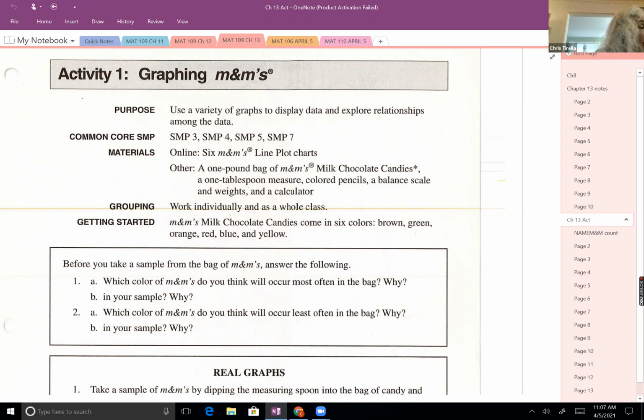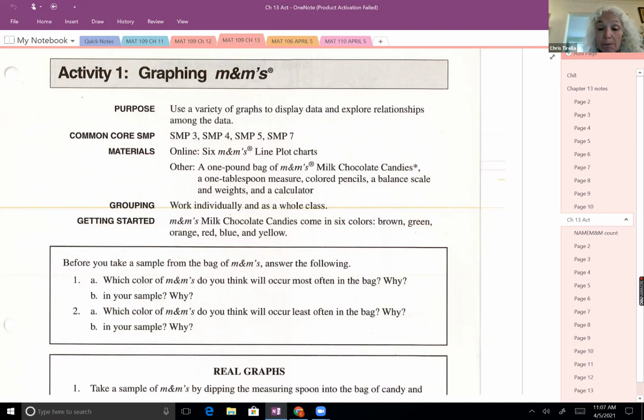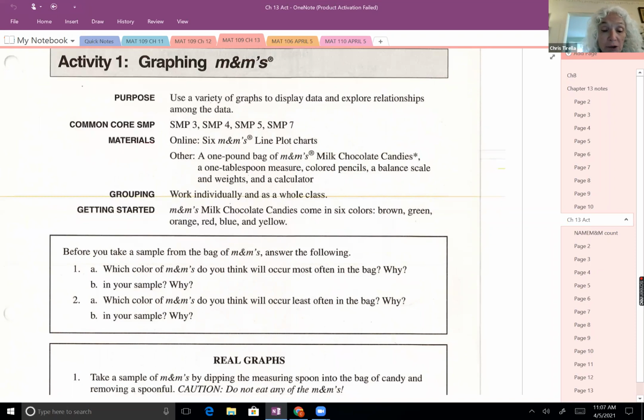Once you've got them, before we do it, you were supposed to guess which color you think occurred most often. And again, that's just a guess. And then you're supposed to segregate them by color and count how many of each color you have.